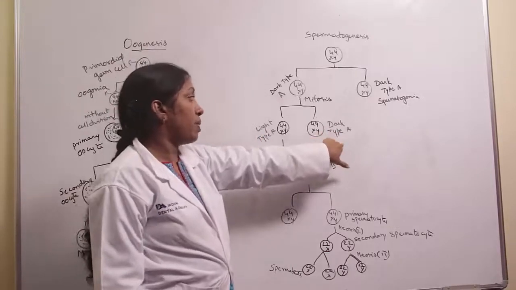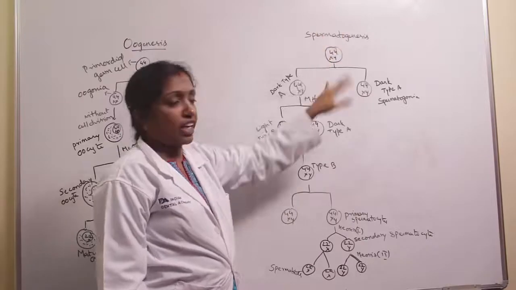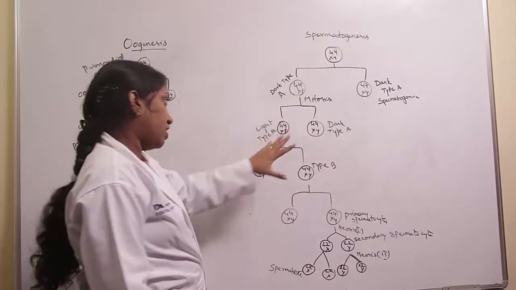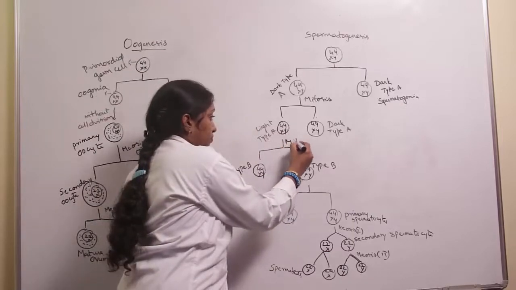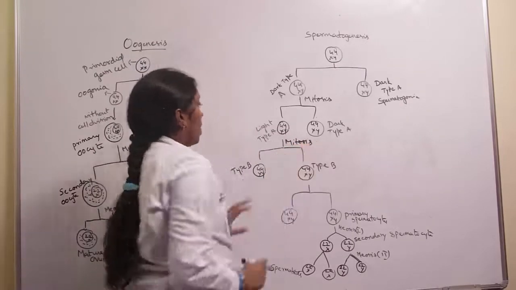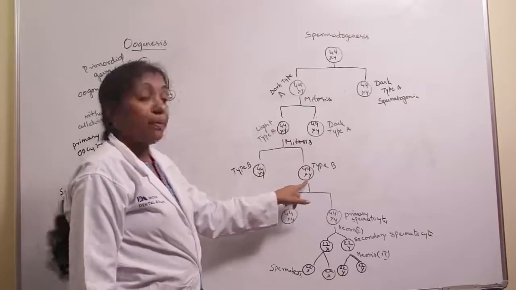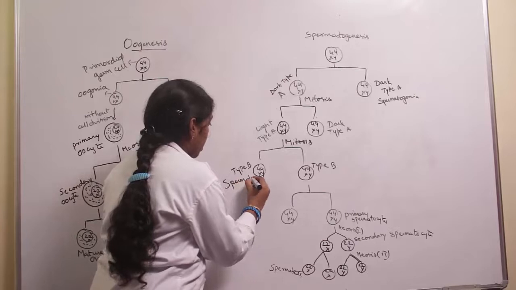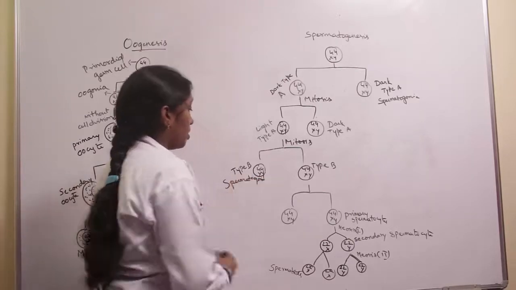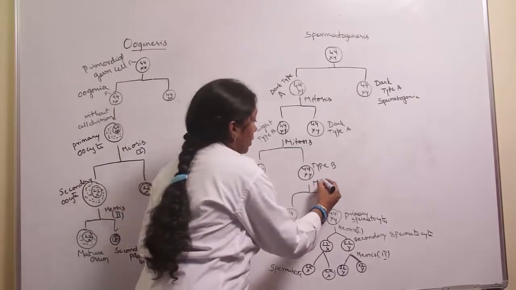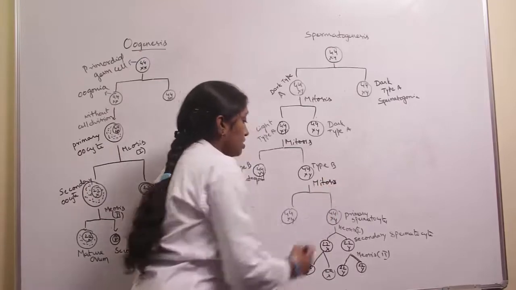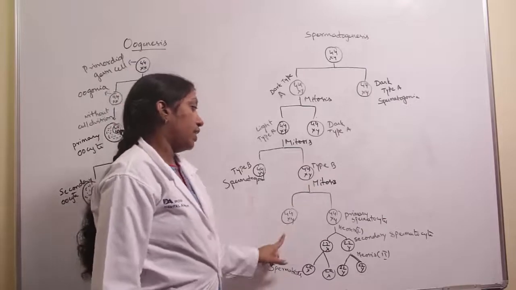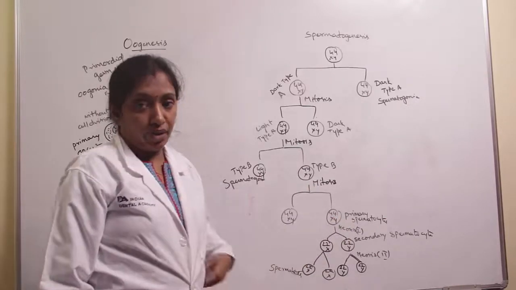The dark type A spermatogonia is used for further division, and the light type A spermatogonia also undergoes mitosis and gives type B spermatogonia, and this type B spermatogonia again undergoes mitosis, and they give rise to primary spermatocytes.